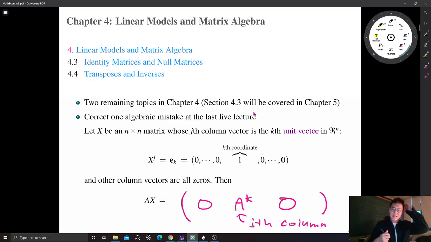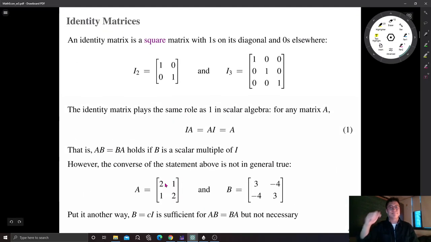Okay, so that's the answer. That is the product of A times X, and this is the way to compute multiplication with a matrix made of zero vectors and a unit vector. Okay. All right. And let me move on to the next topic.